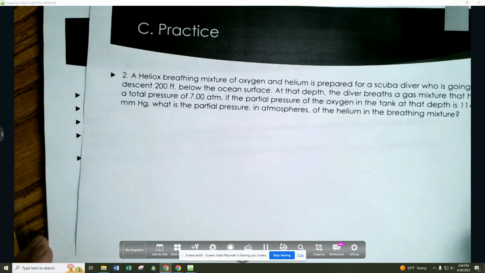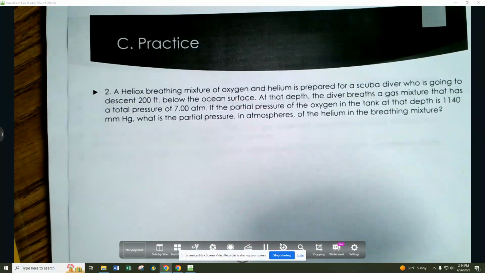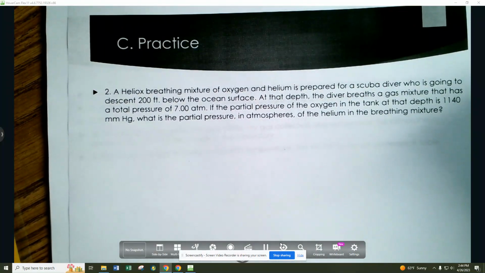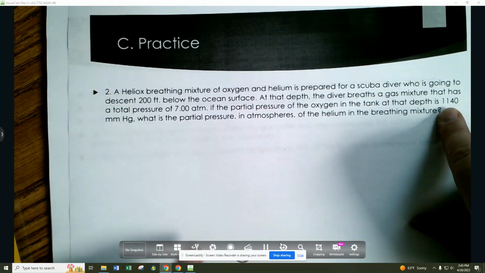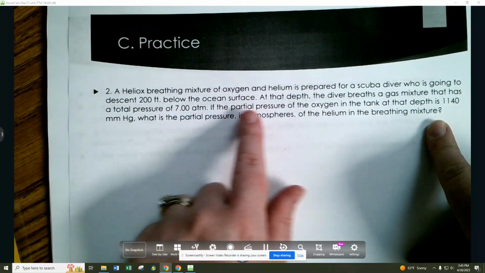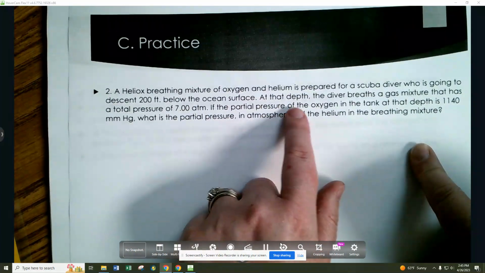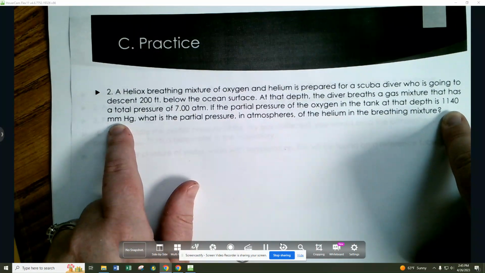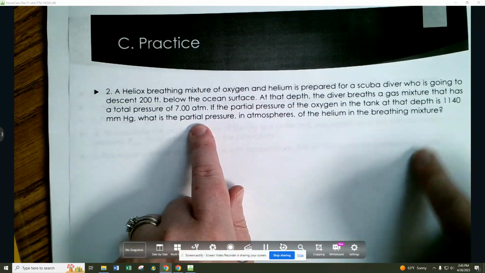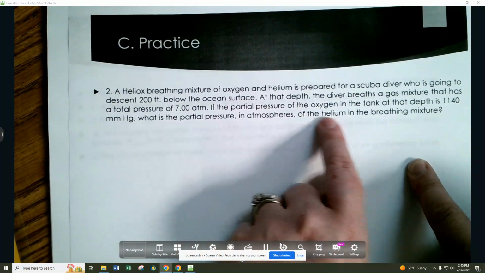Here we have heliox, and like the name implies, it's a breathing mixture. It has oxygen in it and helium. It's prepared for a scuba diver going to 200 feet below the ocean surface. At that depth, the diver breathes a gas mixture with a total pressure of 7 atm. It says if the partial pressure of oxygen in the gas tank at that depth is 1,140 millimeters of mercury, what is the partial pressure in atmospheres of the helium?